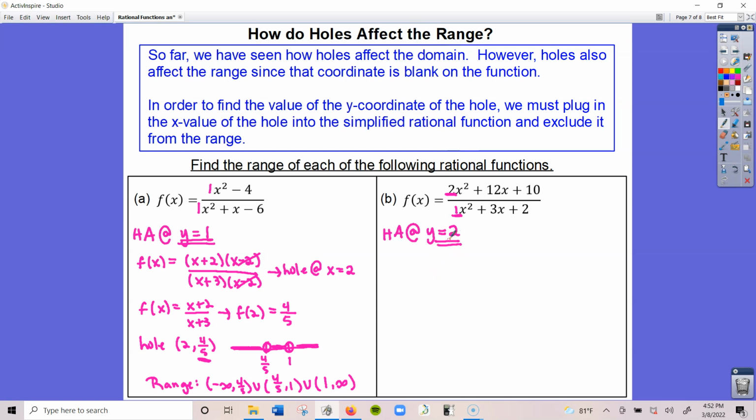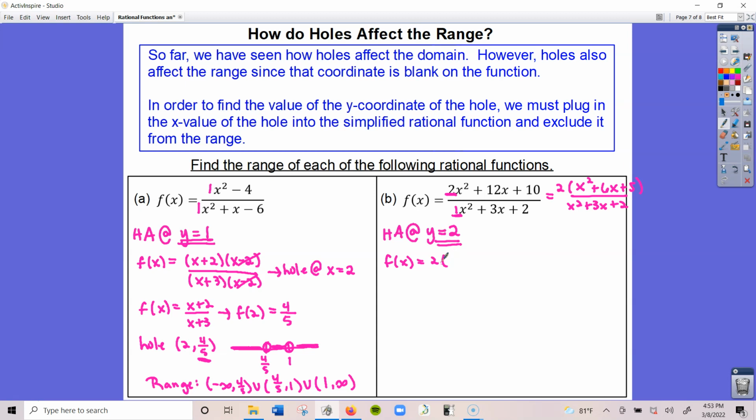Now to get the excluded value if there's a hole, I'm going to need to factor. In the numerator, I can take out a 2. So this would give me 2 times x squared plus 6x plus 5 over x squared plus 3x plus 2. Now let's factor that completely. We have the 2.